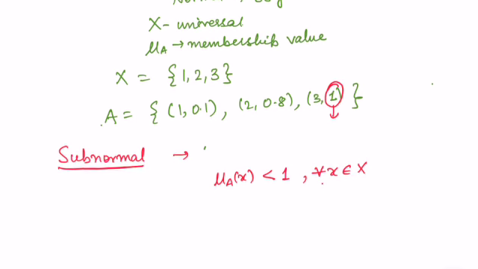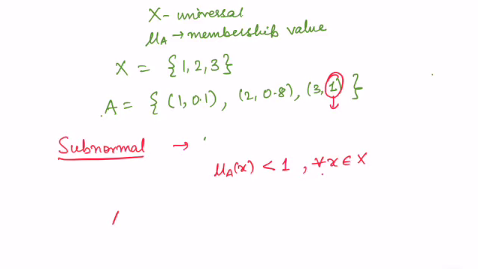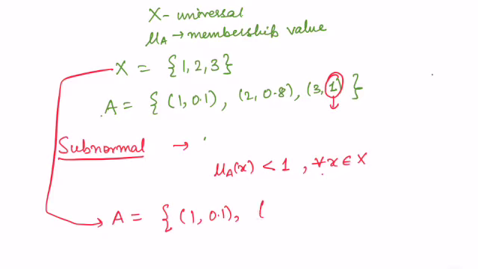For example, if we write a fuzzy set A, considering the universal set the same, as 0.1 at 1, at 2 it is 0.9, at 3 it is 0.8. Now this set is a subnormal fuzzy set.